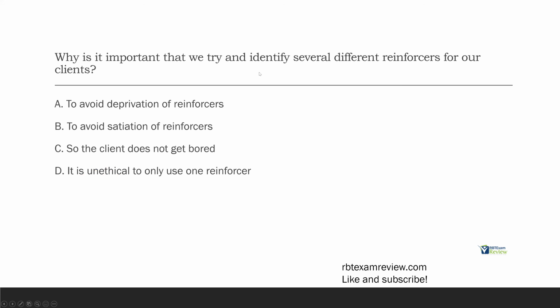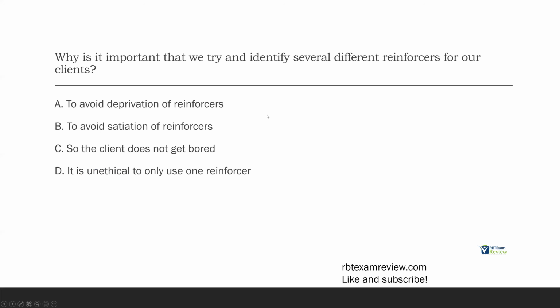Why is it important that we try and identify several different reinforcers for our clients? Why would this matter? Why do we care if we have a bunch of reinforcers for the clients? Why can't I just take my client's favorite Barbie doll and use that every session? What's going to happen? Is the client going to be deprived of reinforcers? Well, no. If I've got the Barbie doll, I'm not depriving them of reinforcers. They're going to have reinforcers, maybe only one though.